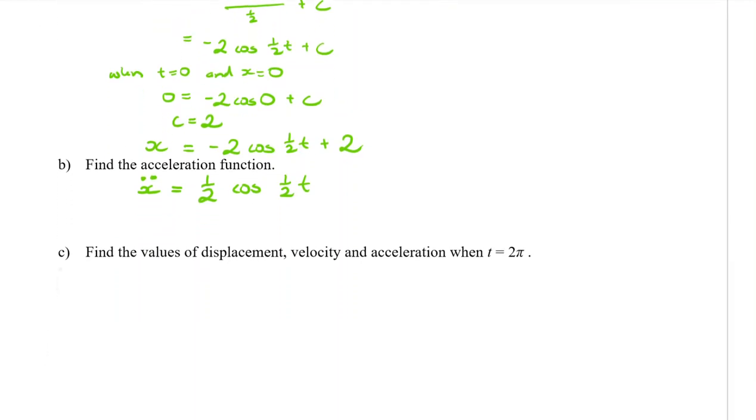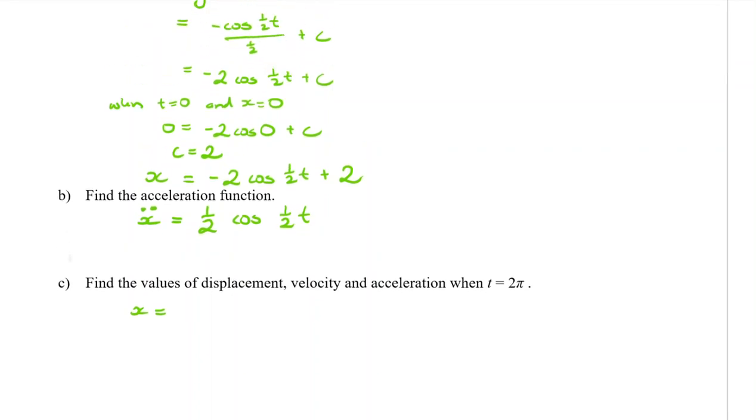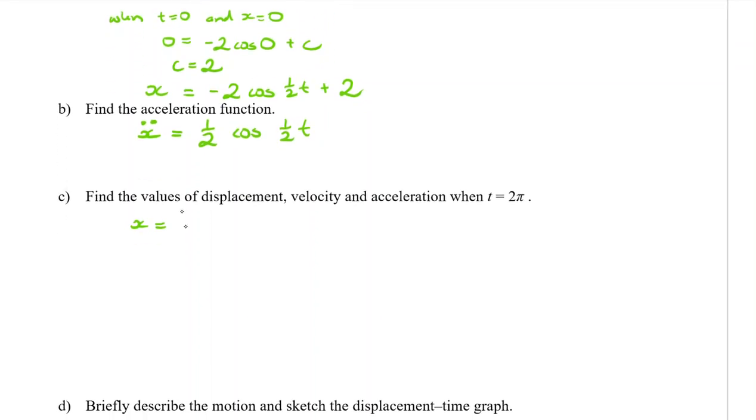Okay, part C. Find the values of displacement, velocity, and acceleration, all three of them, when t is equal to 2 pi. So just subbing into each of them now. Where do we want to start? Displacement. Displacement was, if you look at the bottom of part A, minus 2 cos of half times 2 pi, because t is 2 pi, plus 2.